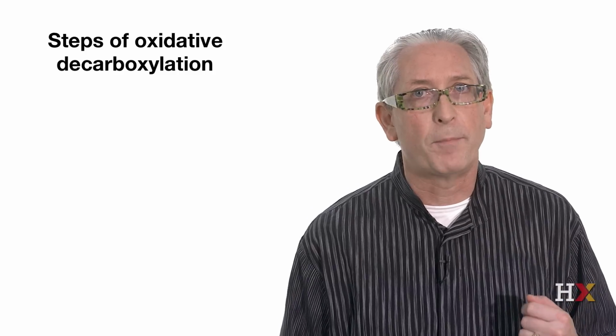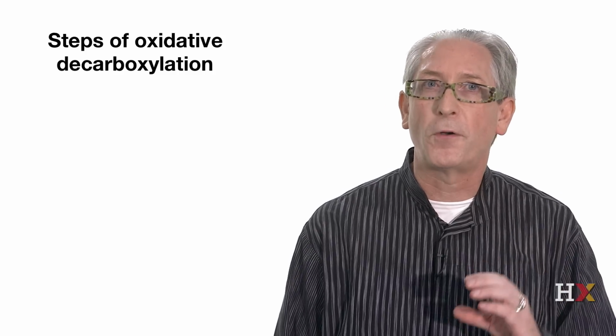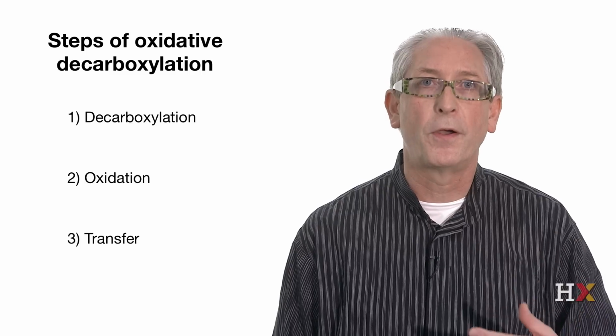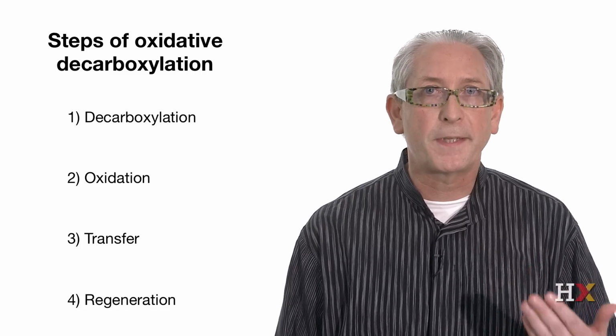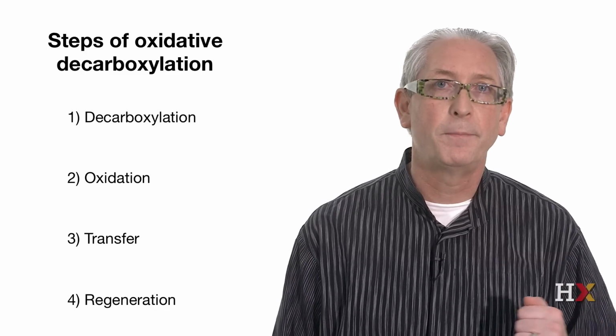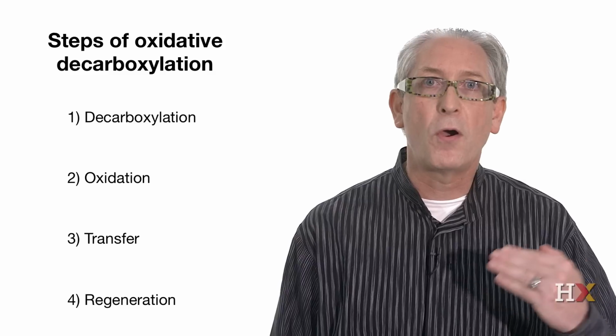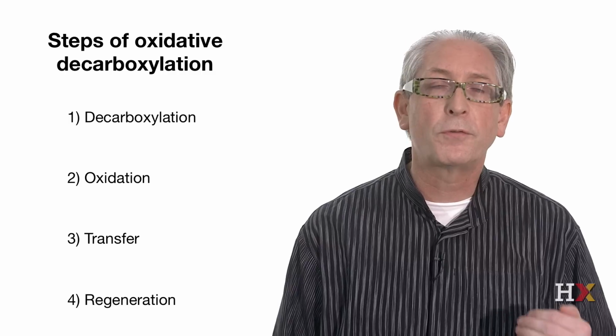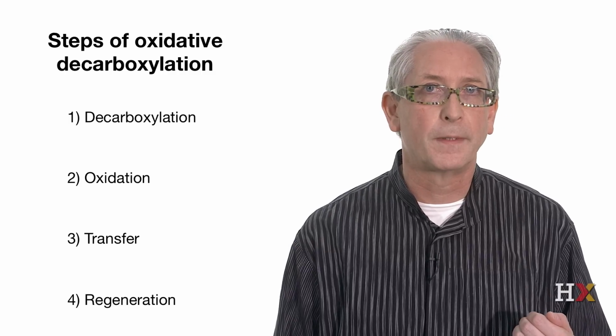The oxidative decarboxylation can be divided in 4 steps: decarboxylation, oxidation, transfer, regeneration. These steps are catalyzed by different PDH subunits, and the coenzymes that I just mentioned a minute ago contribute to the catalysis.